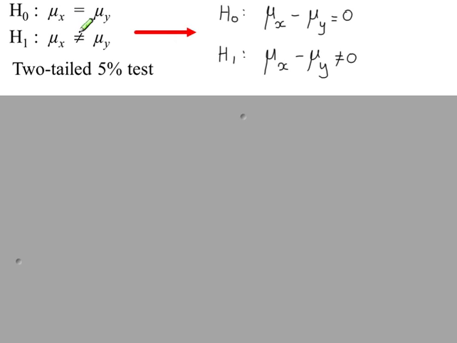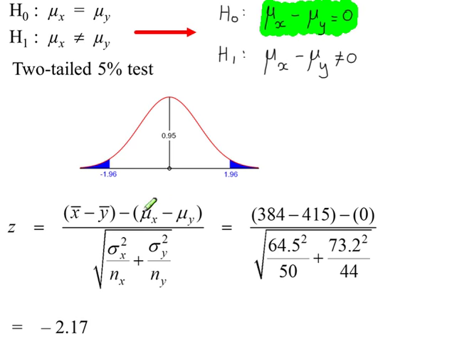So H1, we're testing for a difference, and our hypotheses are more useful in this form, because now we know that the mean of x minus the mean of y is equal to 0. So this value is 0.